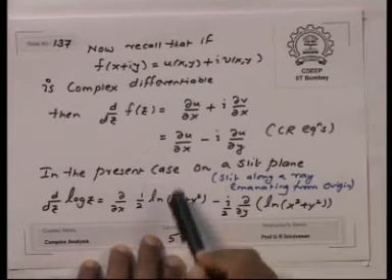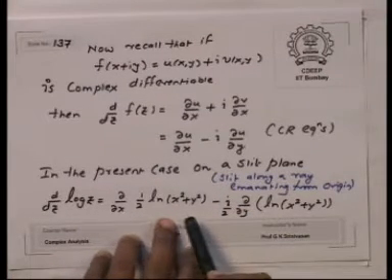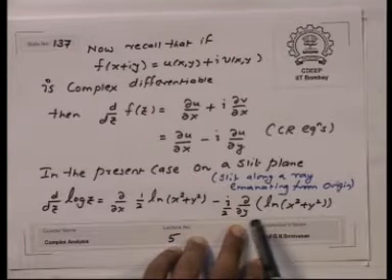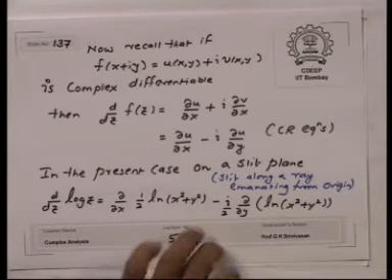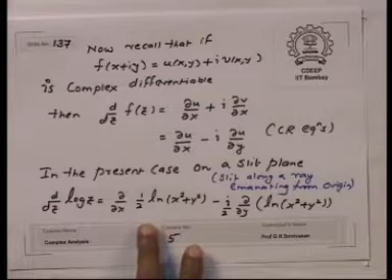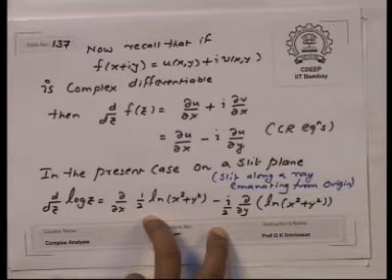So I use the u to do the differentiation: del x of half ln of x squared plus y squared minus i by 2 del y of ln of x squared plus y squared. Now you can easily differentiate ln of x squared plus y squared.